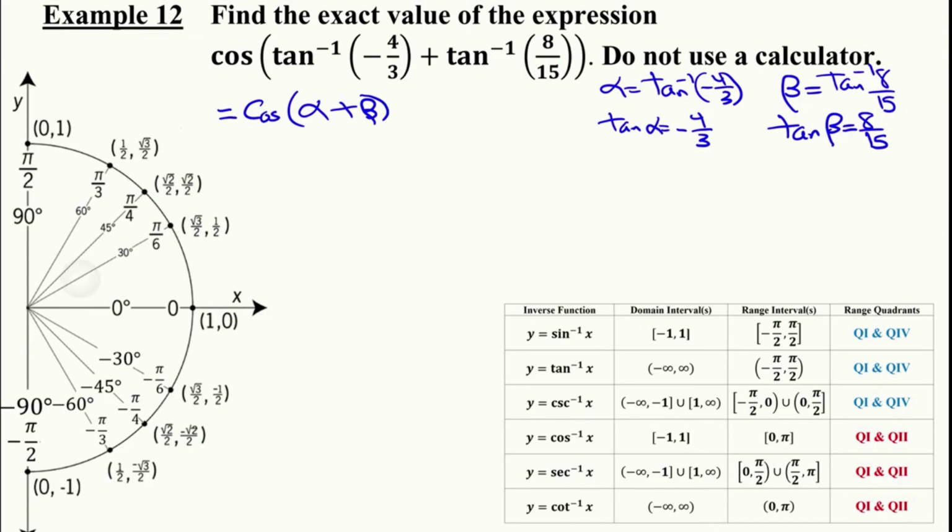So that's the cosine of a sum. If you recall, that's going to be cosine alpha cosine beta minus, remember the plus there requires a minus here, sine alpha sine beta. So what we need is the cosine and the sine of both alpha and beta.